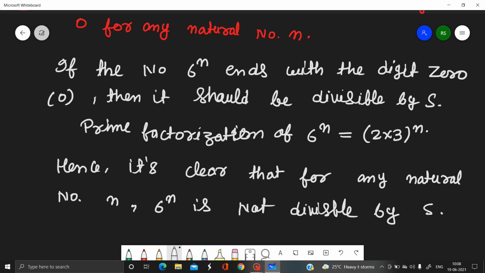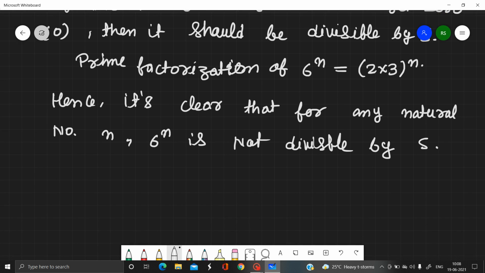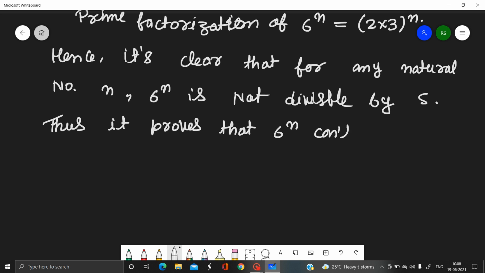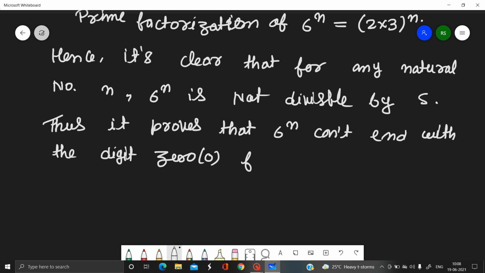Okay, so thus it proves that 6 to the power n can't end with the digit 0 for any natural number n.